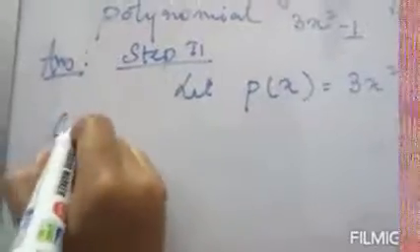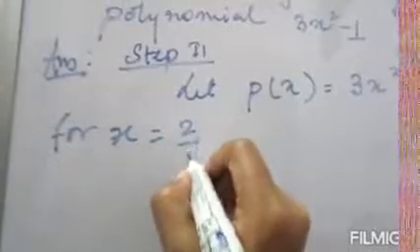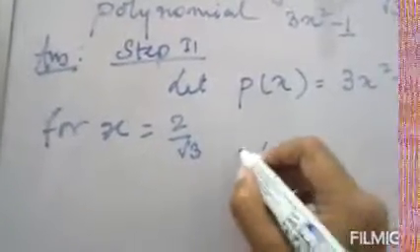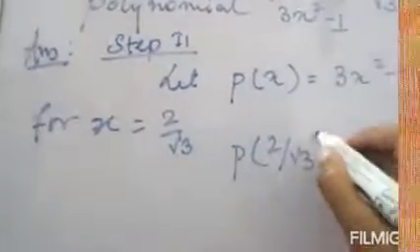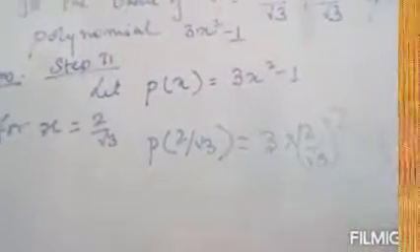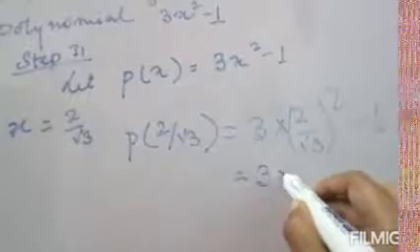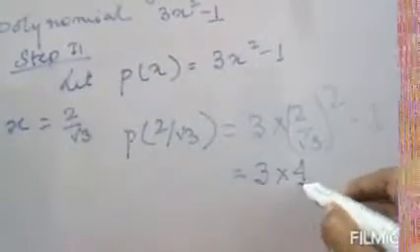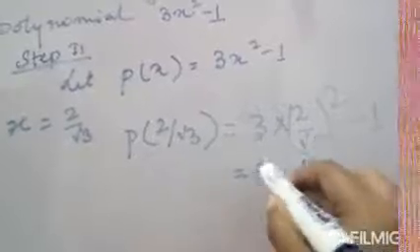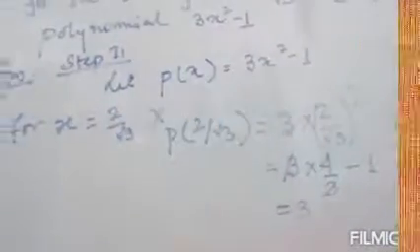Okay, for x is equal to 2 by root 3, p of 2 by root 3 is equal to 3 into 2 by root 3 whole square minus 1. Correct? Now 3 into 2 by root 3 whole square means what? 3 into 2 into 2 is 12 and root 3 into root 3 is 3. So it will be 4 minus 1, which means 3. So this is not a zero of the polynomial.